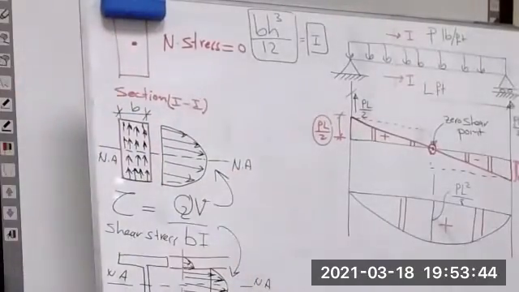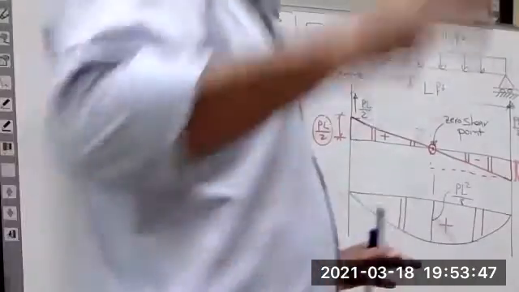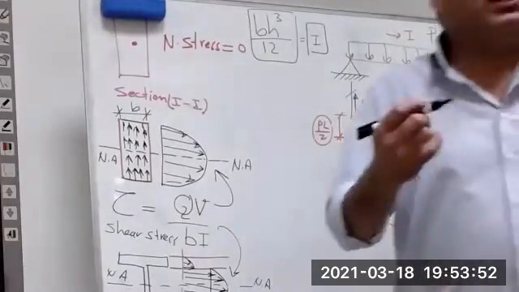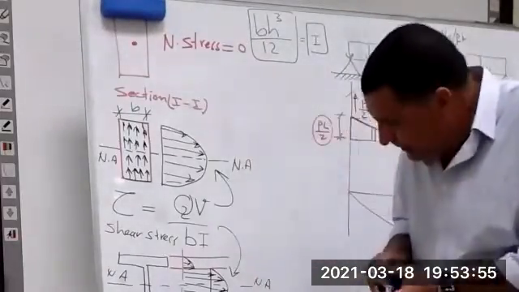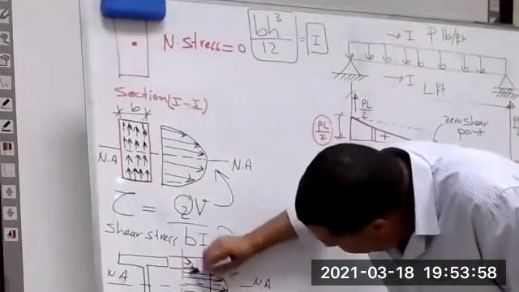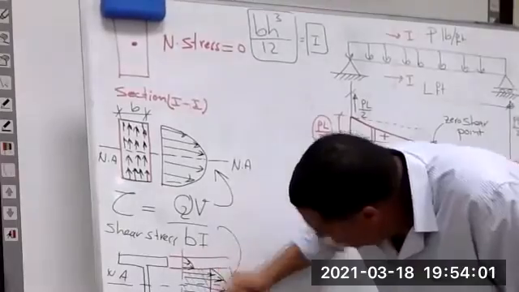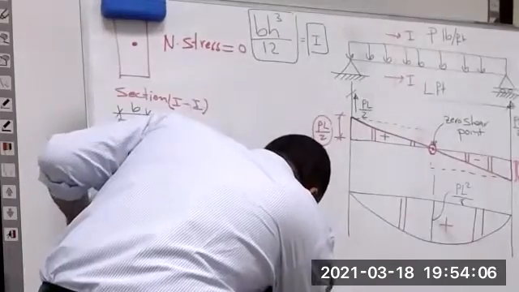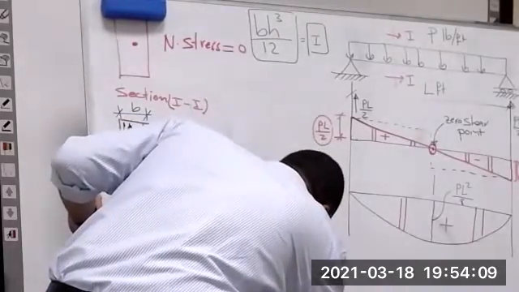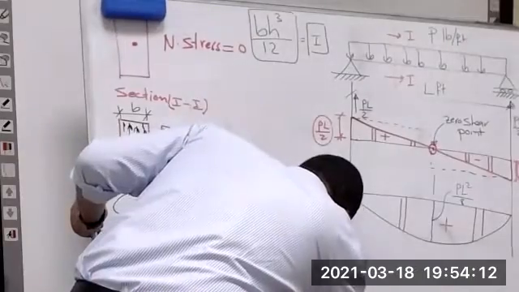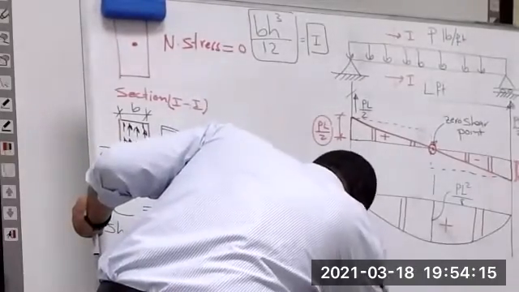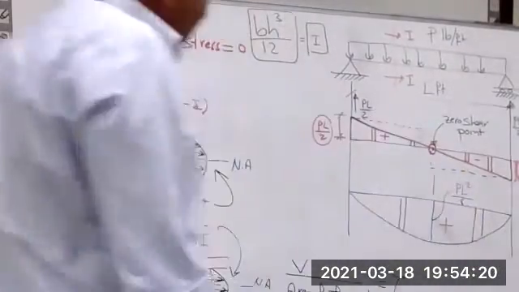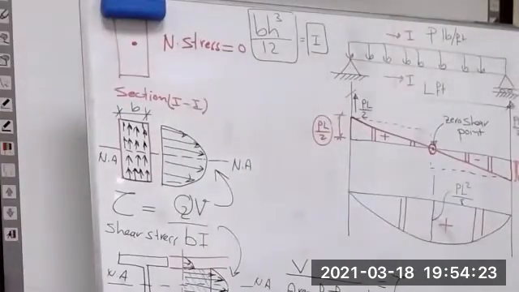But we have another very nice equation for the standard I-beam section: the average shear stress. What is the average? The average shear stress is V over the area of the web. Now I have two equations for the standard I-beam.